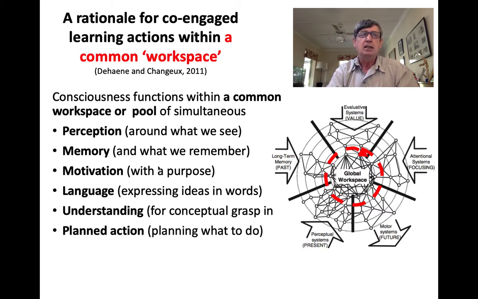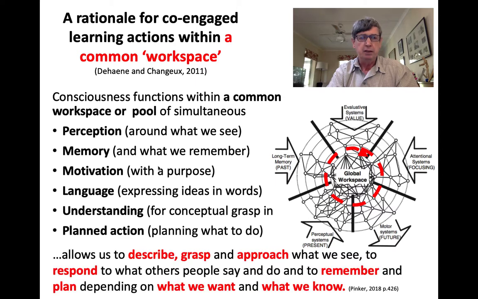And this idea is very useful for scoping the learning that we're trying to achieve in the work that we're doing. Because if we're able to achieve this, this allows us to describe, grasp, and approach what we see, to respond to what other people say, and to do and to remember and plan depending on what we want and what we know.